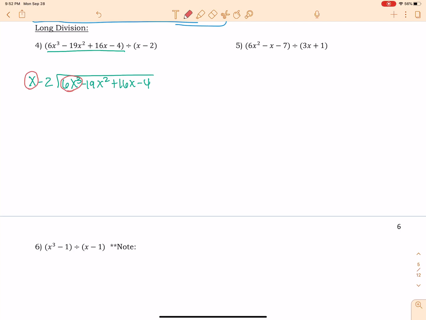So I am going to write 6x squared, and then multiply that by x, so that gives me 6x cubed, which is perfect, but I also have to multiply it by the negative 2. So negative 2 times 6x squared is negative 12x squared.